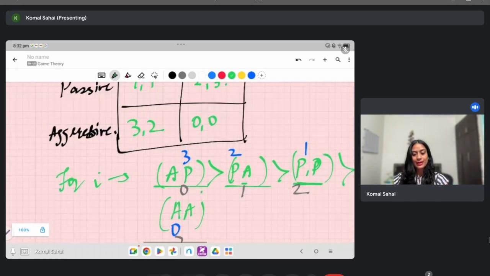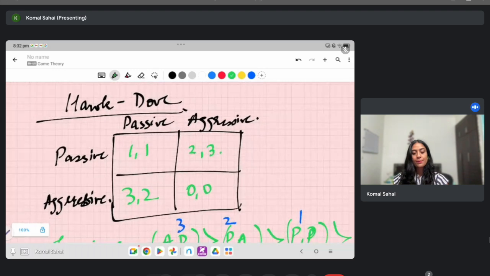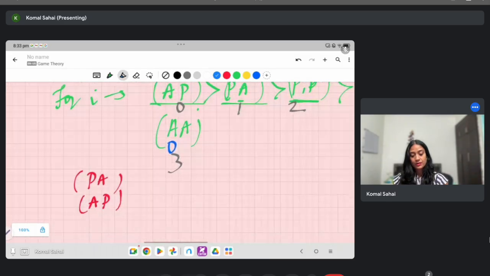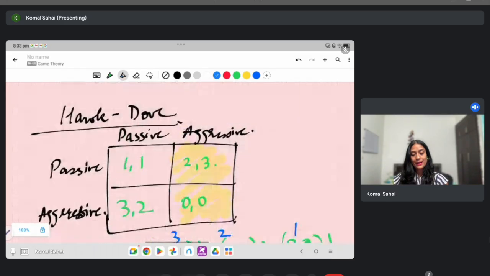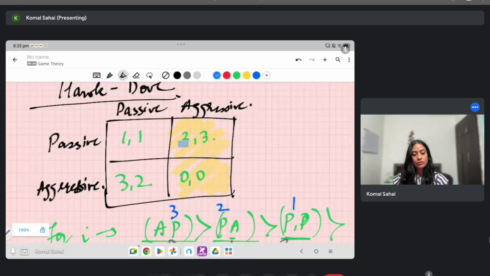Suppose passive and aggressive. If player 2 is going to be aggressive, then player 1, if player 1 sticks to the strategy specified here, sticks to being passive, then the outcome is 2, and if instead goes to be aggressive, then the payoff is 0. तो player 1 deviate नहीं करेगा.